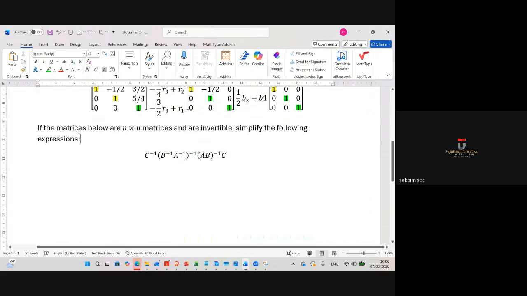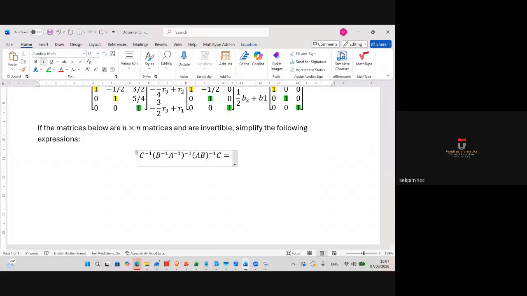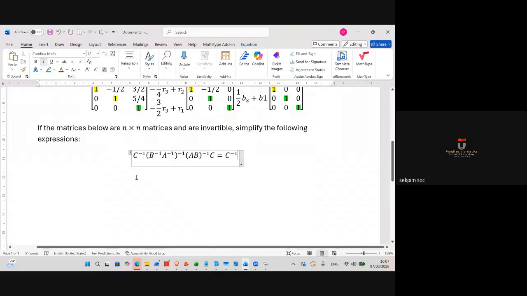Okay, next is, if the matrices below are n times n matrices and are invertible. Invertible means it has an inverse, yeah. Simplify the following expression. Okay, so using the property of the matrix, it will be equal to, this is C inverse, right, for this part.